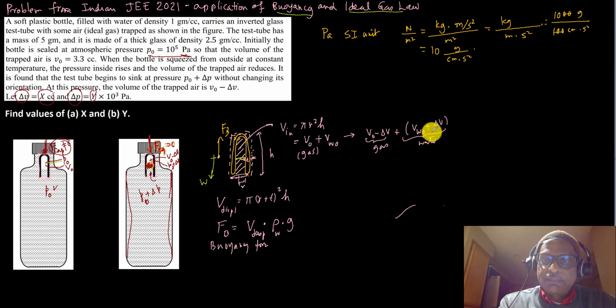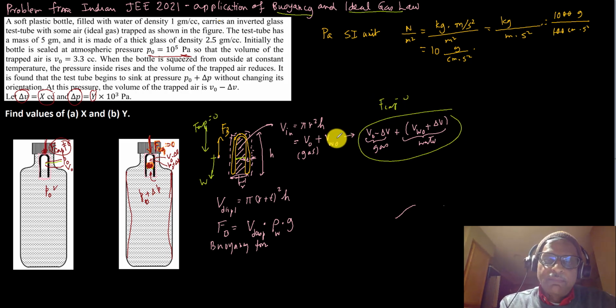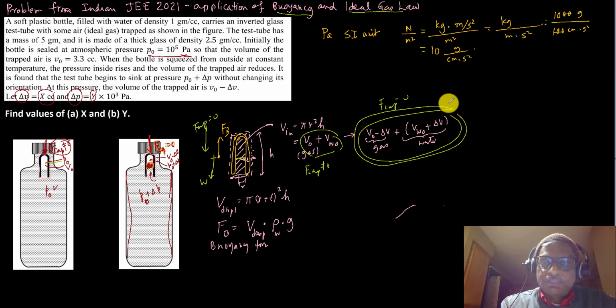There used to be F cap, which is equal to 0 in this situation. In this situation F cap is 0, and in the other situation F cap is not 0. So we just use this situation for forces because we don't need to know F cap in this problem.